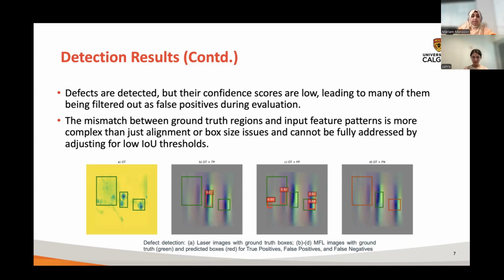For example, in this sample, the false positives actually sometimes represent the defect, but they don't exactly match the ground truth by the laser. They are smaller boxes within a larger box and have very low IOU, which is our metric for comparing the ground truth with the predicted boxes.